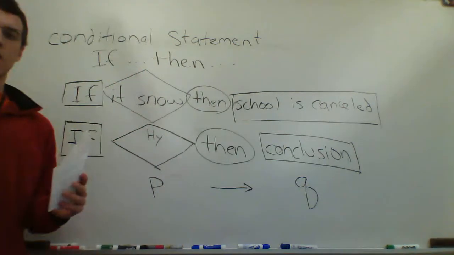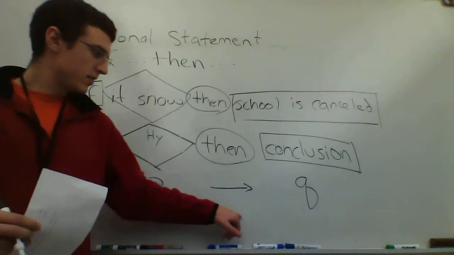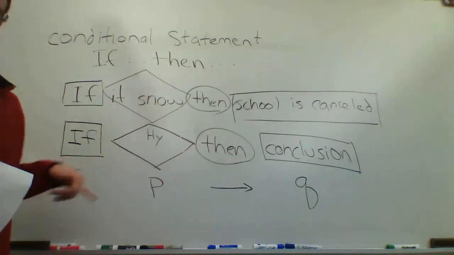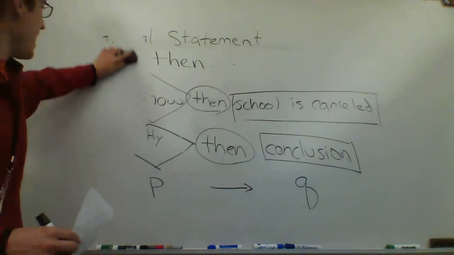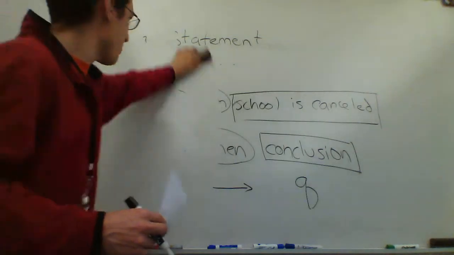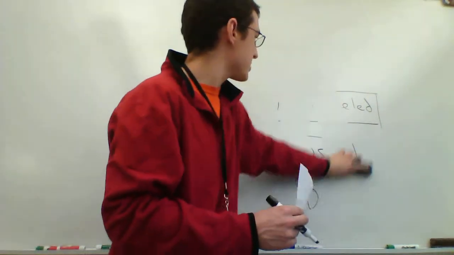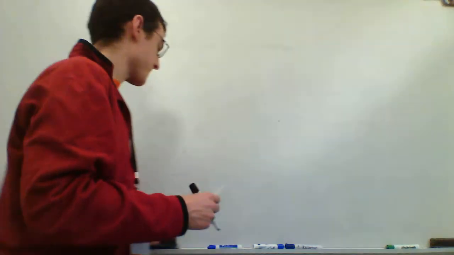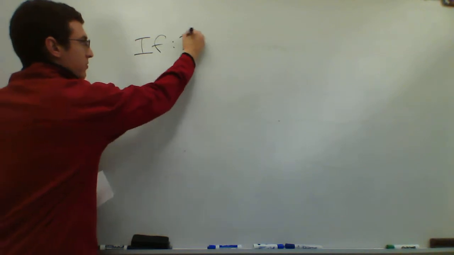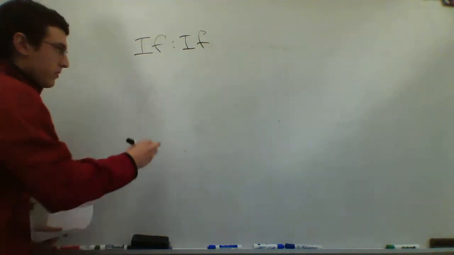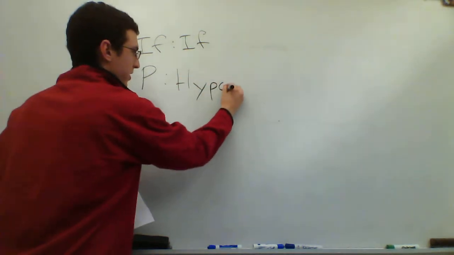So, the nice thing about conditional statements, and as we move forward, this shorthand is going to become very, very helpful. And it is important to write it down and remember it. So, here's the upshot. We have our pieces to our puzzle. We have our if in our conditional statement. We have our P, which is our hypothesis.